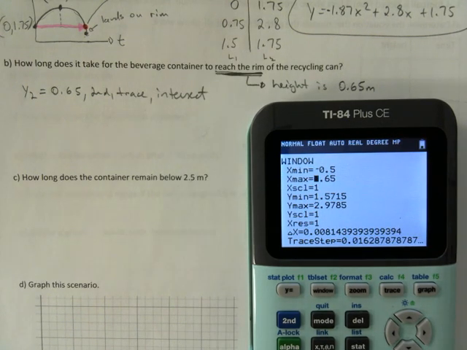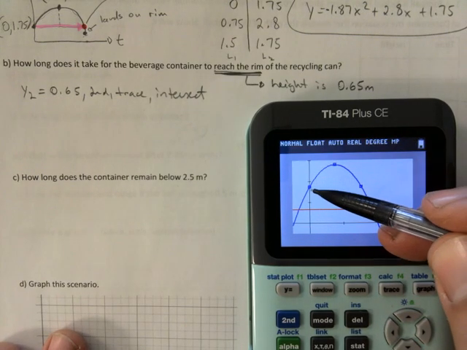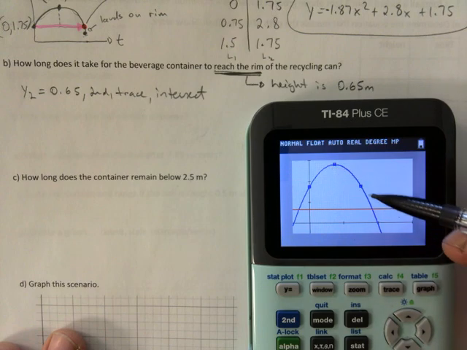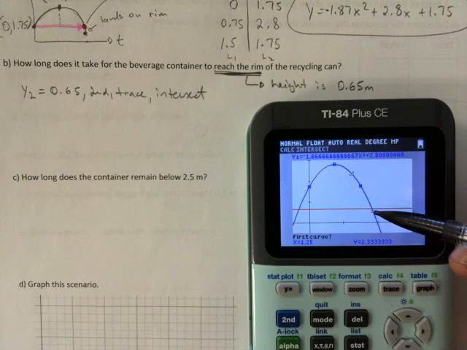X max, I'm going to go 3. Y min, I'm going to go negative 0.5. And Y max, I need to be at 3 for sure. So read your situation, right? So this is where it's launched, and it hits the rim right there. So I'm going to find that intersection.